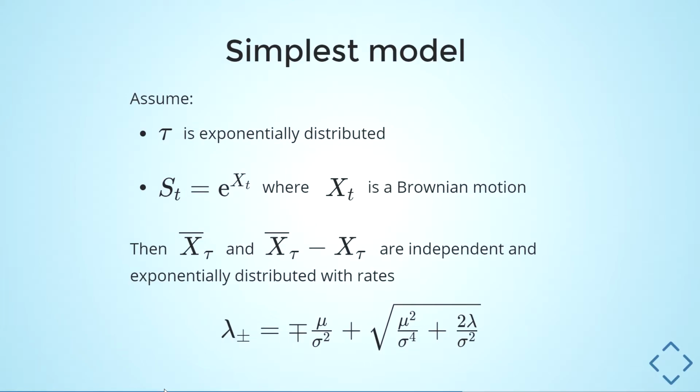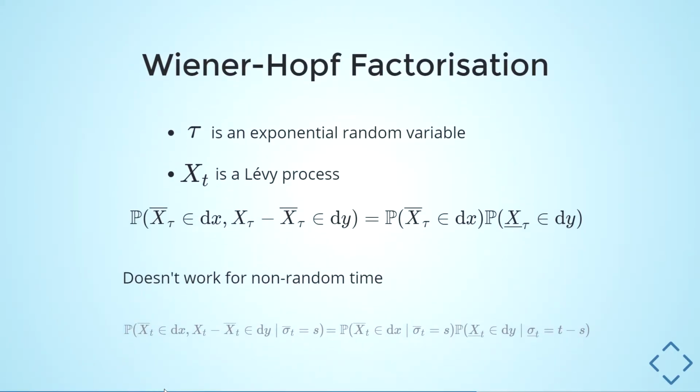Because Brownian motion is so well known, you can look these results up: the running maximum at that random time is exponentially distributed, and the difference between the running maximum and the final value is again exponentially distributed, and those two things are independent of each other. And the rates are very simple. They're written there.